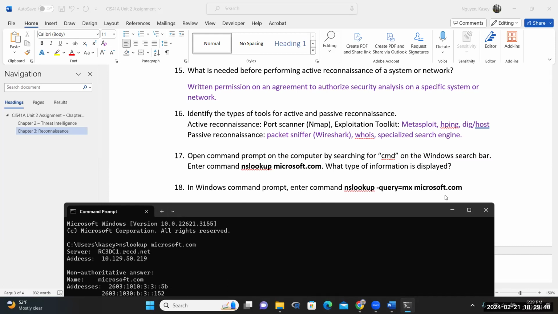You have your DNS information, and then your DNS, that's the server IP right there. And then for the non-authoritative answer for Microsoft.com, you have the addresses that are related to that, your external domain. Any questions?